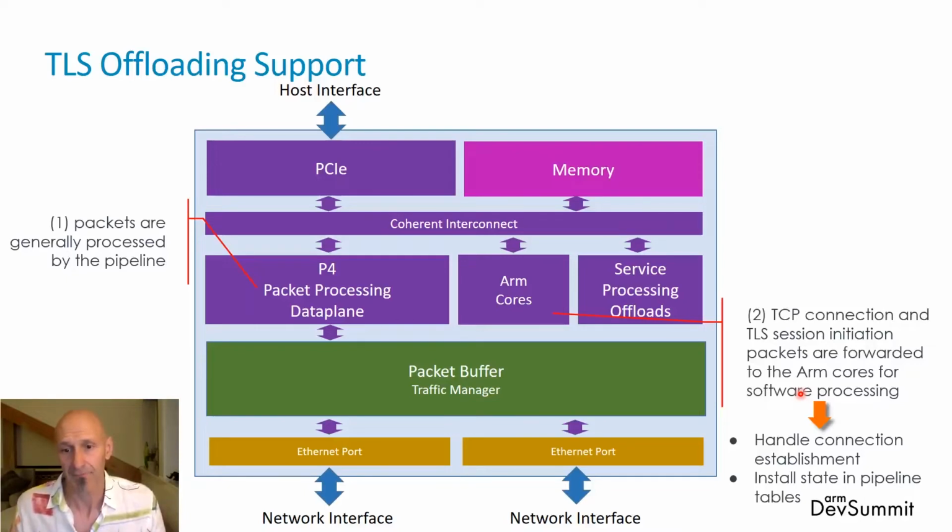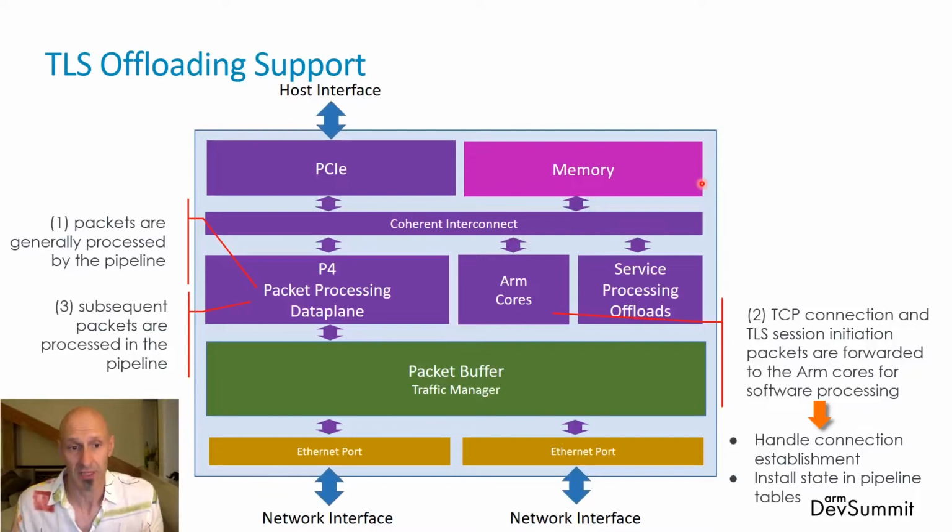And once the required processing is concluded, a flow is installed in the P4 processing pipeline, so that the following packets are going to be processed only in the pipeline, and again obtain maximum performance.